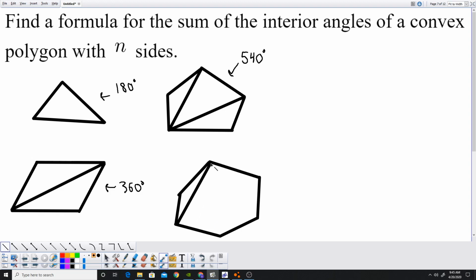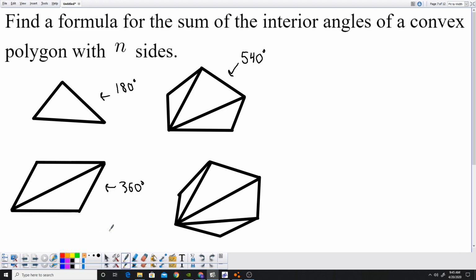And we will draw our triangles from one of the vertices. And what do you know? We have now four triangles. And by the same logic, we would just add 180 with 540. And that would get us 720.